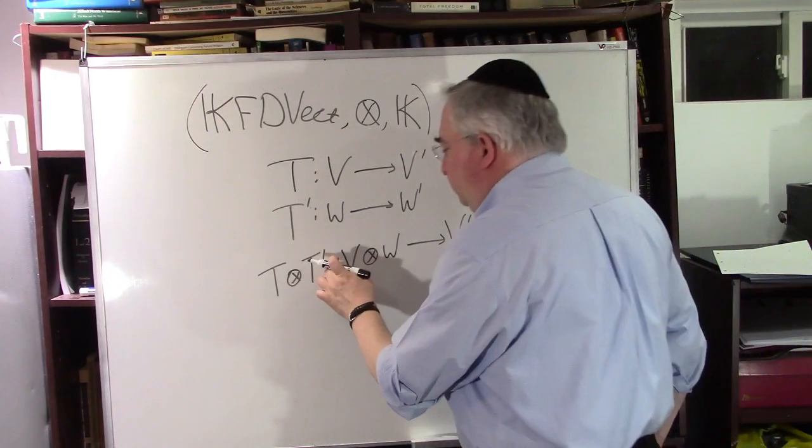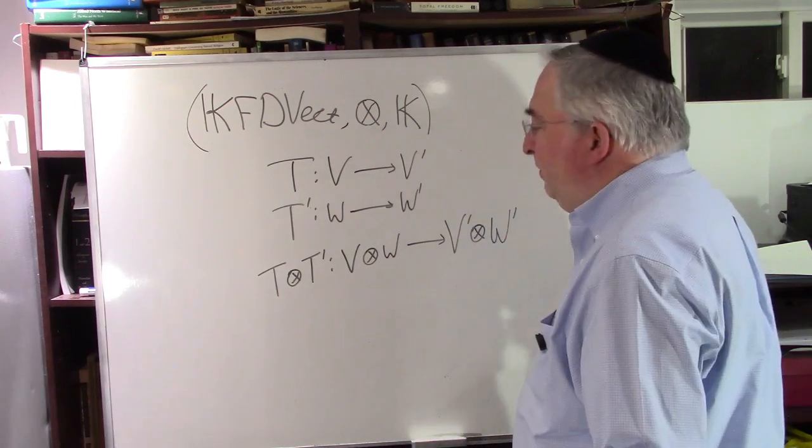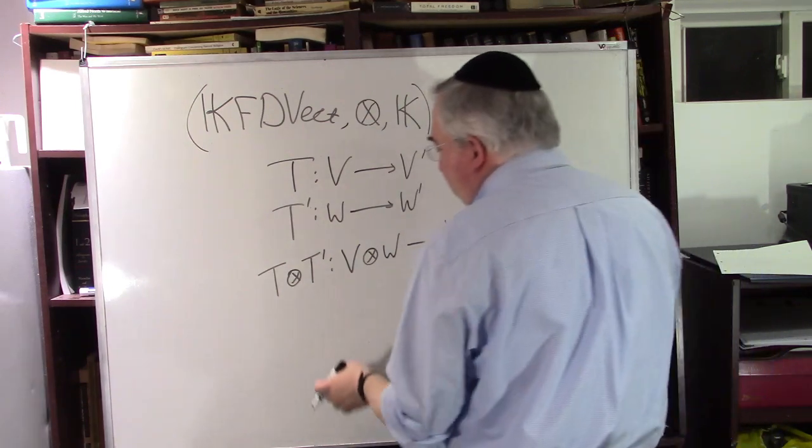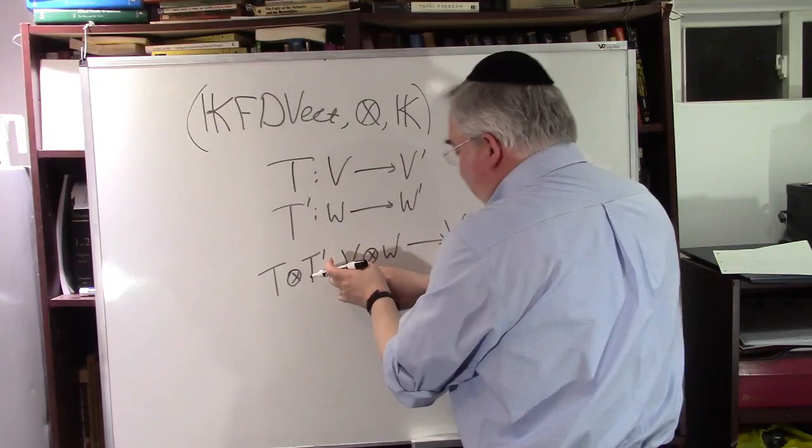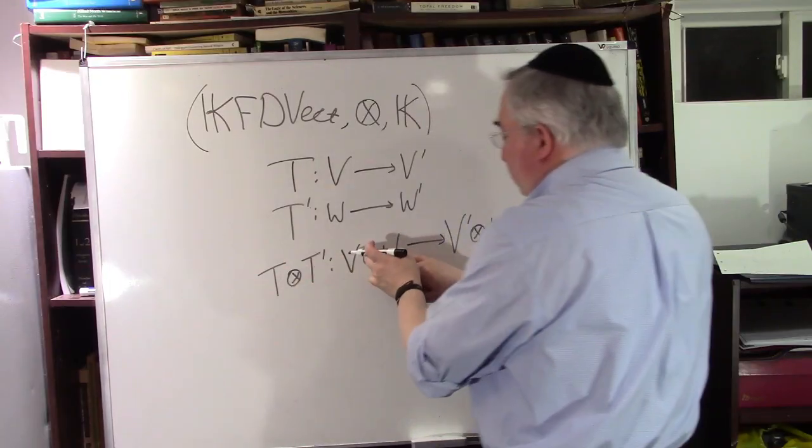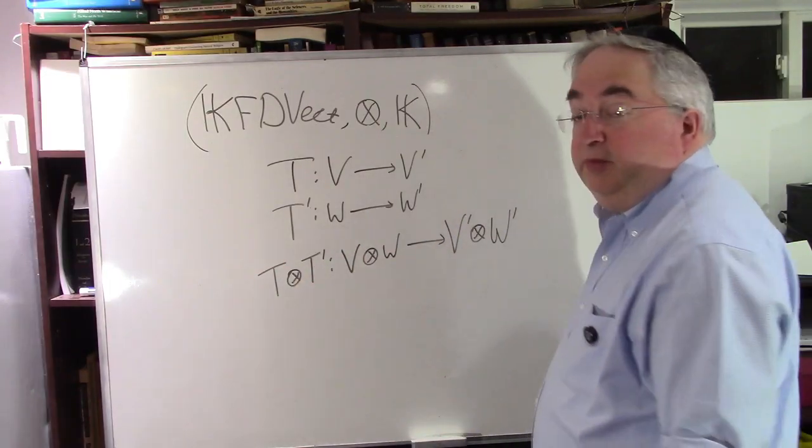We'd have to go into details about how this is defined, but basically you can tell: this T works on V, this T prime works on W, and they get the outputs they're supposed to get.